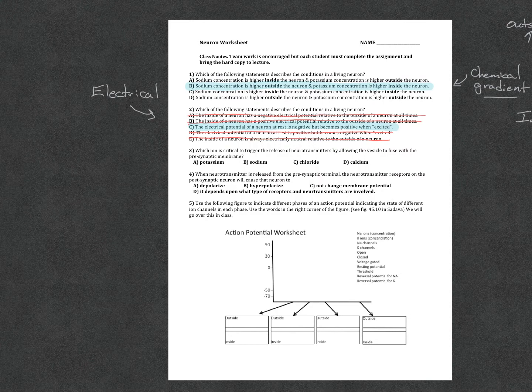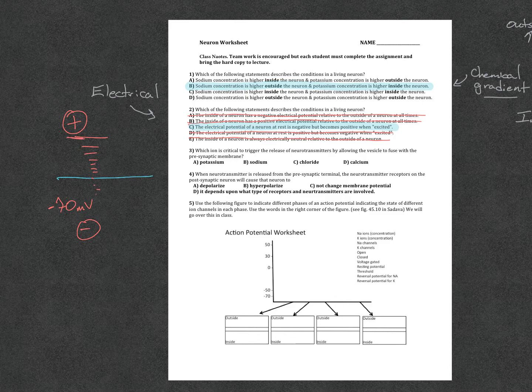So the electrical potential, when we look at the membrane, we know that inside it's at negative 70 millivolts as compared to outside. So this is positive overall, and this is more and more negative as you go inside. You go from very positive to very negative.